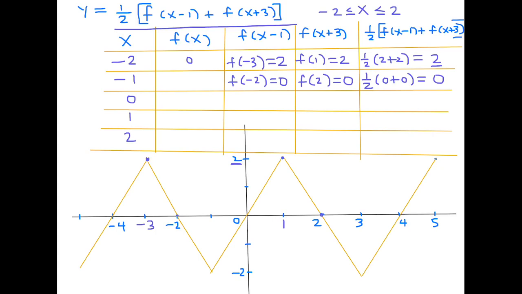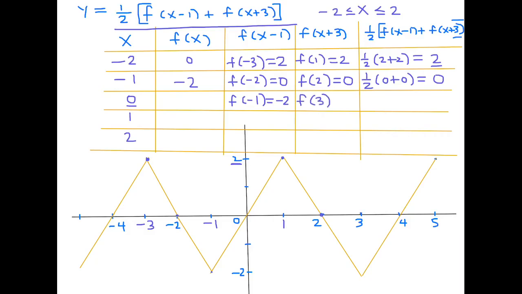Similarly, f at x minus 1 for x equals 0 is f at negative 1. And f at negative 1 is right here, which is minus 2. And then for x plus 3, when x is 0, you have f at 3.